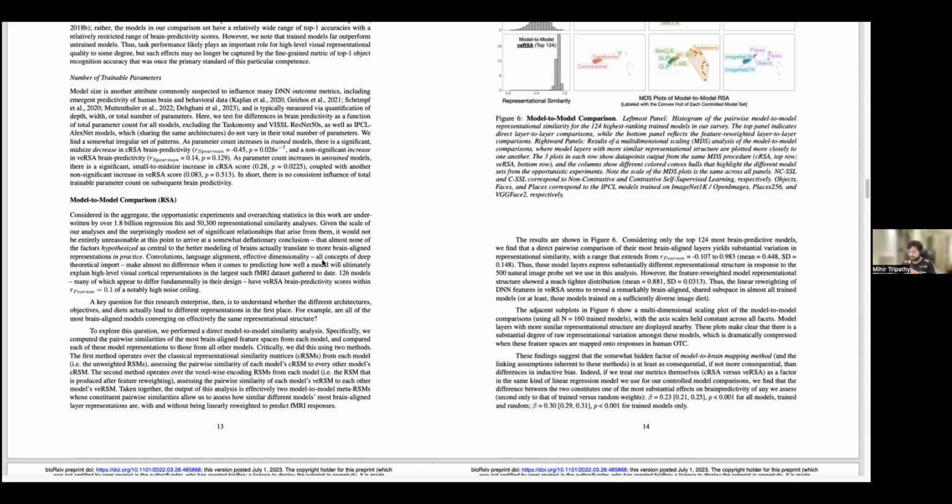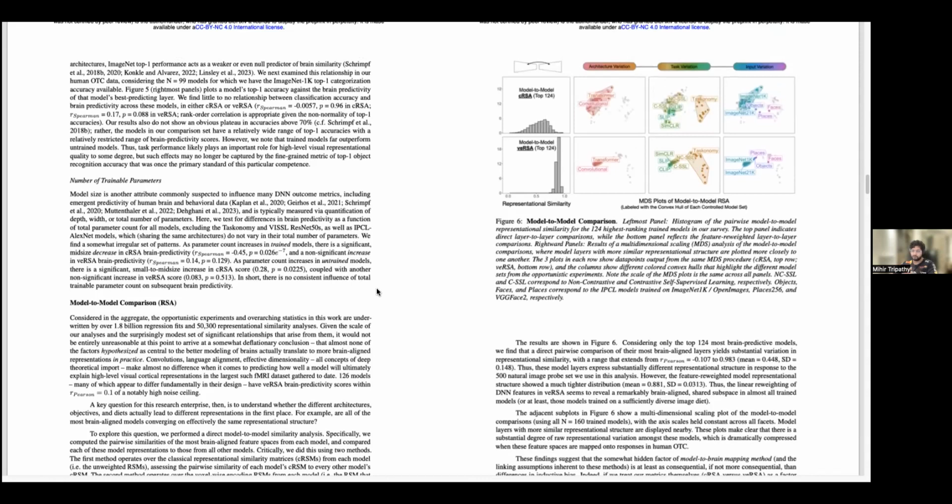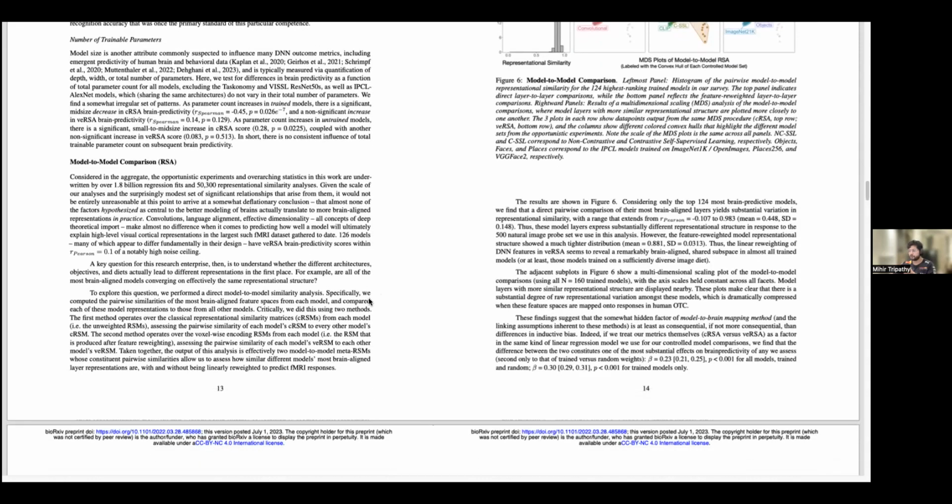And these authors also mentioned that although we've talked about the number of trainable parameters and the types of models, what also matters is the metrics that we are using. So CRSA versus voxel encoding RSA.